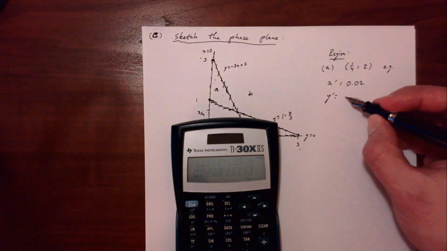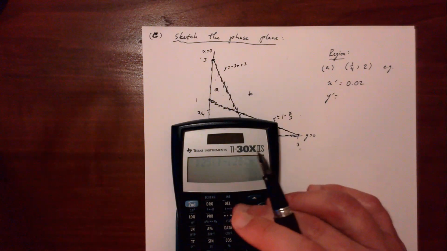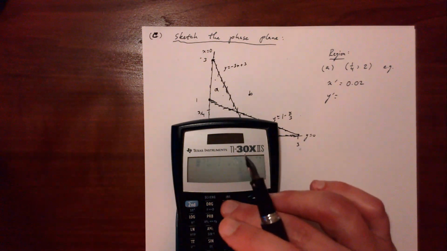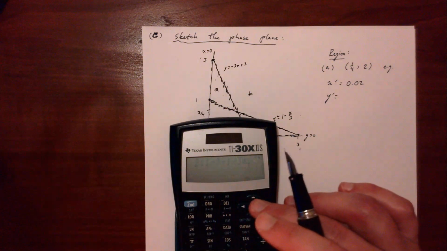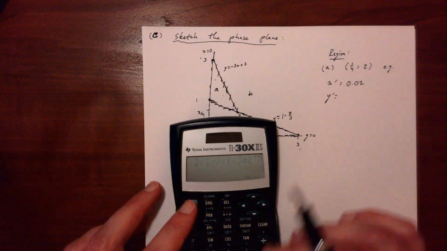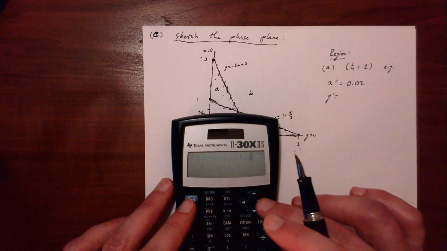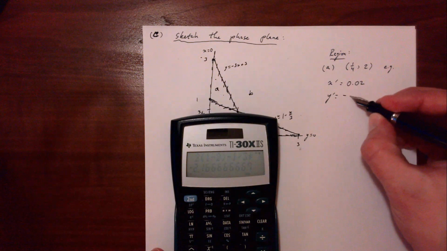All right, then for the y prime, I can just do the same thing but with the y values. 2, 1 minus 2 minus 1/3, and that term is actually the same. And I get negative 2.16.